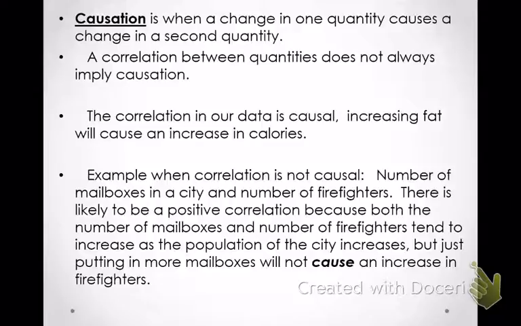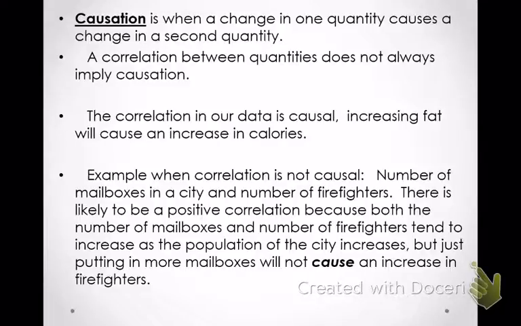Causation is when a change in one variable causes a change in a second. Here, our fat grams is a strong correlation, and we're pretty sure that if we increase the fat grams, then it's going to cause an increase in the calories. An example of where causation might not exist is between the number of mailboxes in a city and the number of firefighters.